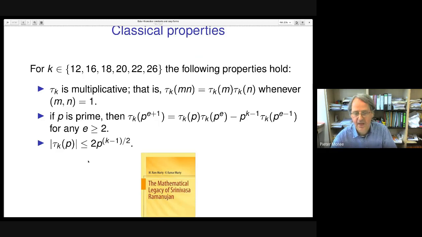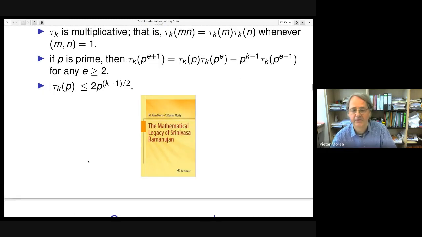And I like this book by the Murthy brothers. It's called The Mathematical Legacy of Srinivasa Ramanujan. And it starts with a discussion of the properties of the Ramanujan tau function, and then it continues to describe the influence of this in modern mathematics.